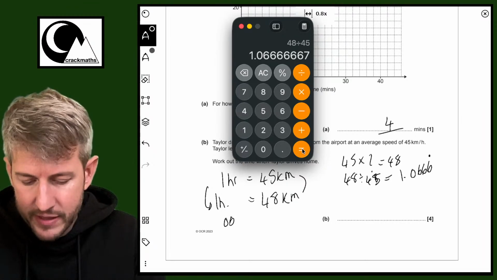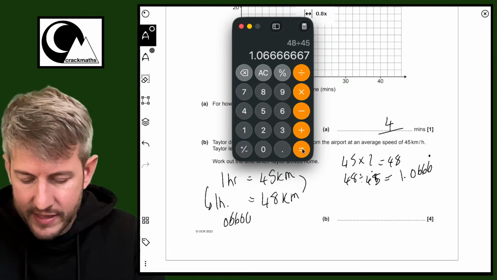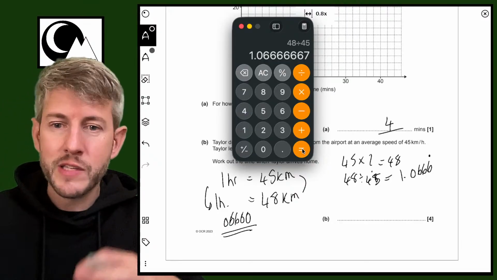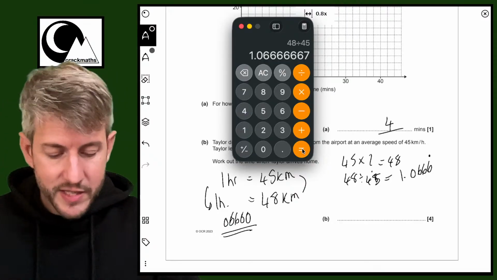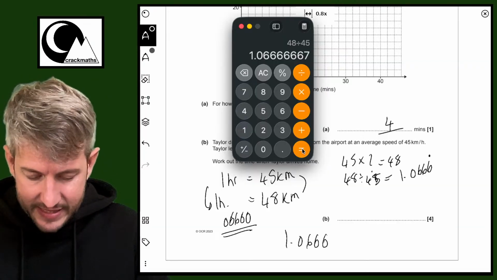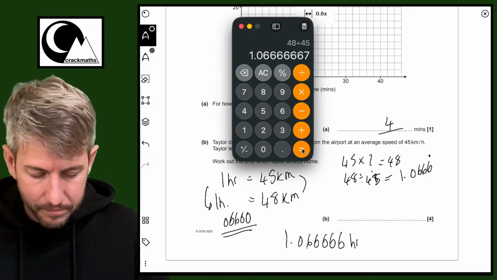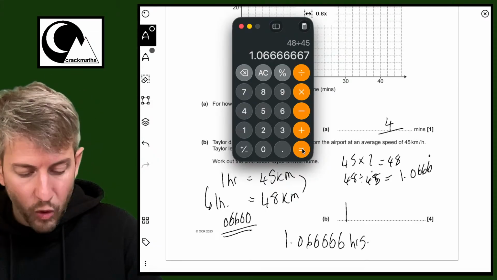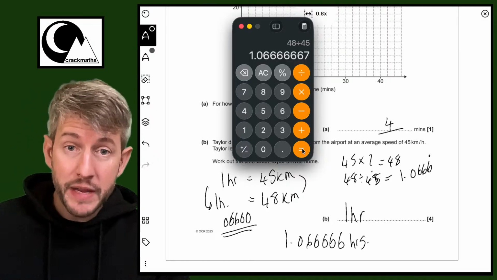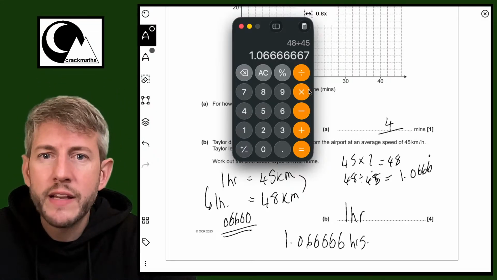Okay, so it's 1 hour, 0.0666 recurring, but this is decimal time. So the decimal time is 1.066666 hours. So we know that is 1 hour, and then we need to convert the decimal part into minutes. So we're going to take away the 1.